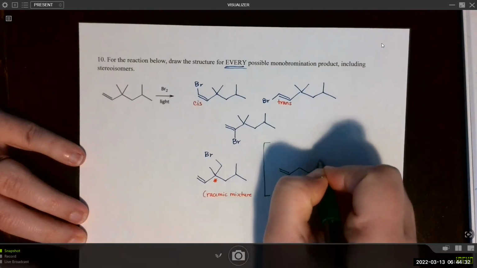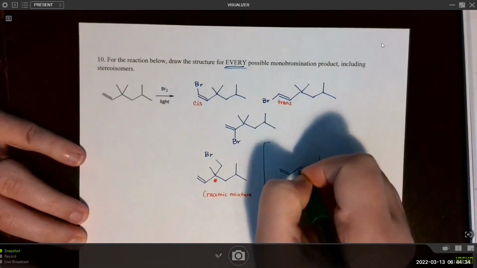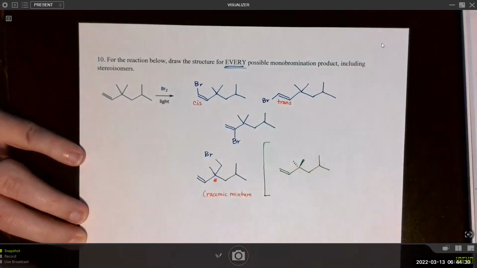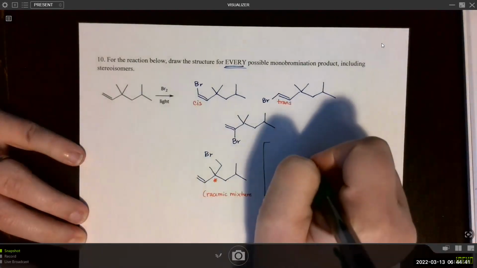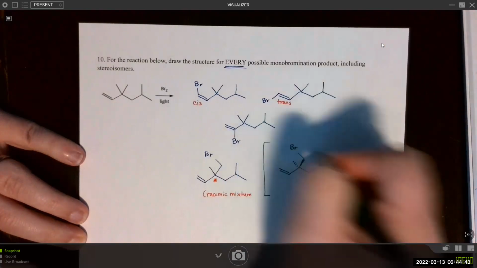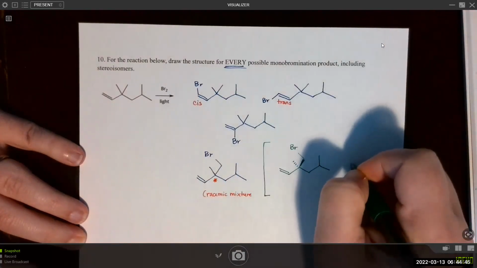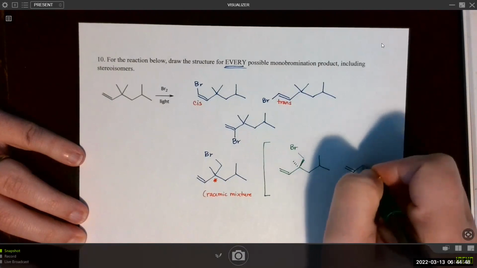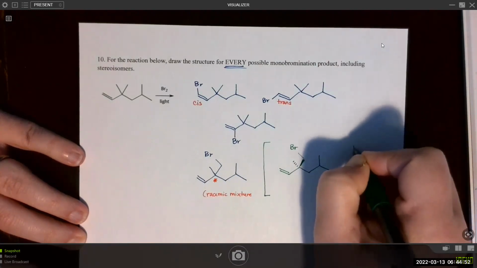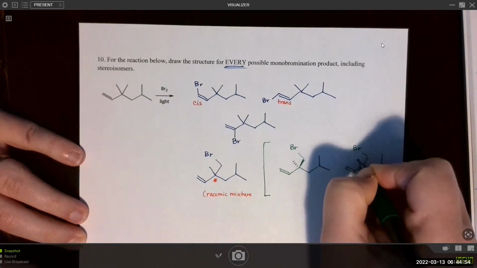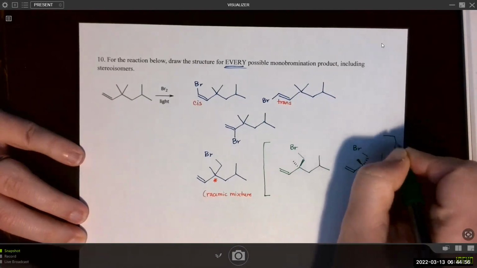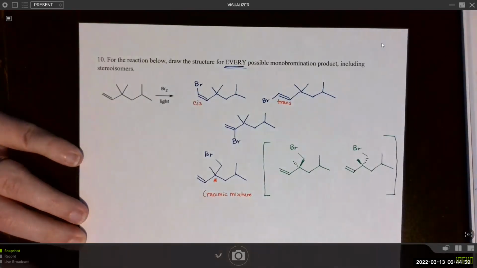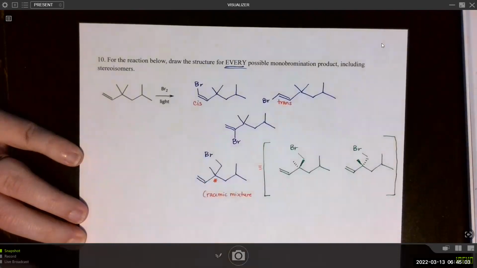So if we were drawing a racemic mixture, we just need to put one group on a wedge, one group on a dash. It could be one of the other groups, it doesn't matter. This is equivalent to that drawn out.